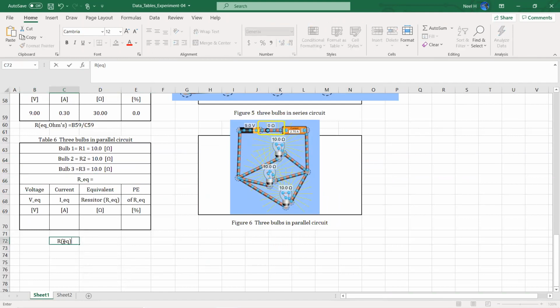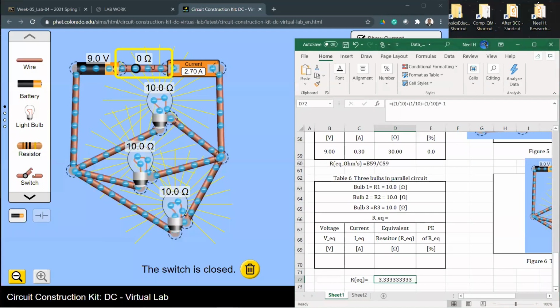R equivalent equals, next cell, equal sign, parentheses 1 over 10 plus parentheses 1 over 10 plus parentheses 1 over 10, close bracket, power sign minus 1. Since it is 1 over addition, you can see it is a very small number now, right?